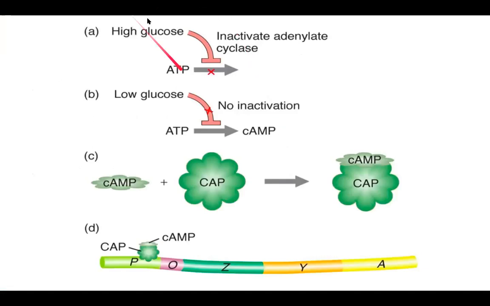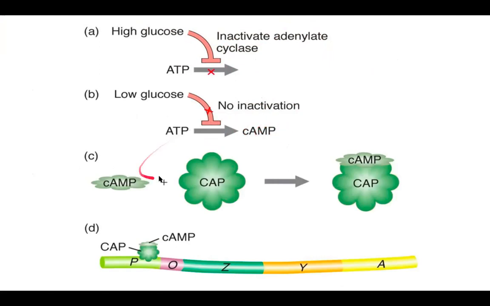If you have a high glucose, it will inactivate adenylate cyclase. What is the function of this adenylate cyclase? That adenylate cyclase will form cyclic AMP. So if you have a high glucose, it inhibits the adenylate cyclase. If you have a low glucose, you have no inactivation, so it causes the conversion of ATP to cAMP.